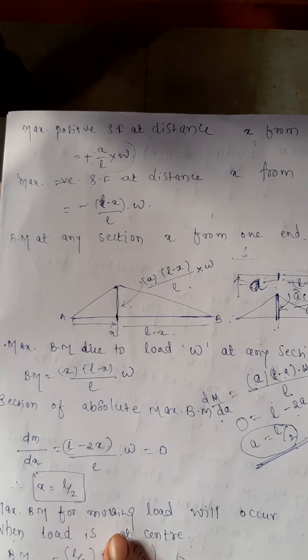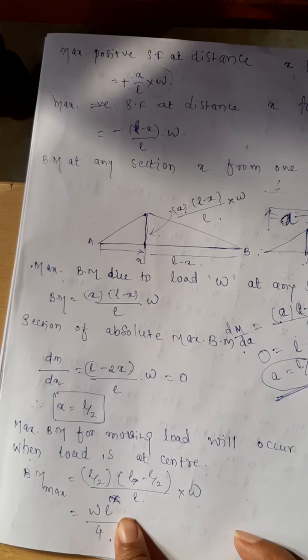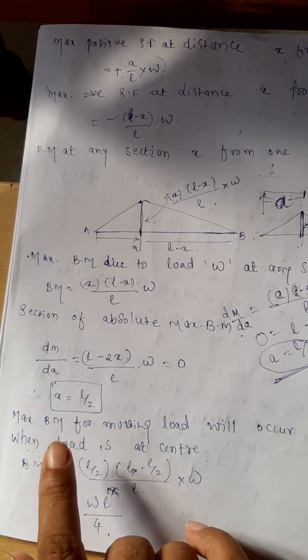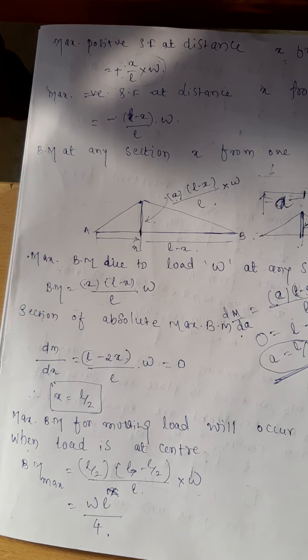Here, what we arrived at is one important conclusion: the maximum bending moment when a load is moving, when only a single load is moving I am speaking of. It is general when any series of loads are moving. Then also, if without giving you the section, we ask you to get the maximum bending moment, the section you have to select is at the center.